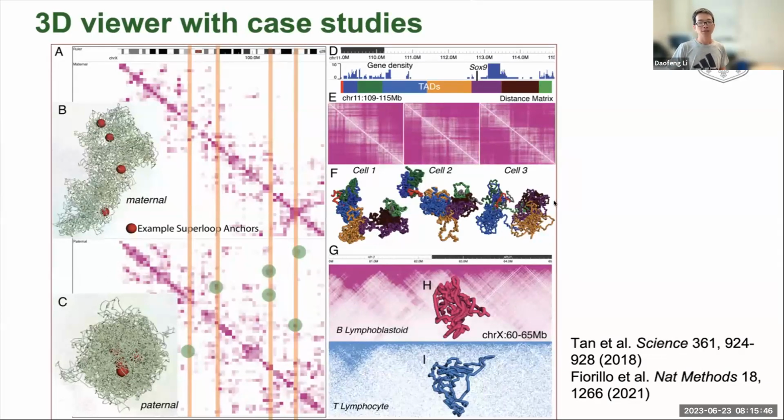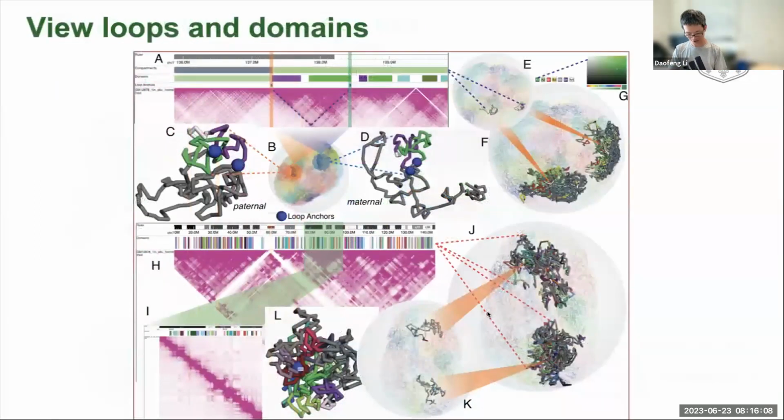The bottom right shows the same idea: two different Hi-C maps from two different cell types, and the different Hi-C maps give rise to pretty different 3D structures. This is showing data from a chromosome X region.